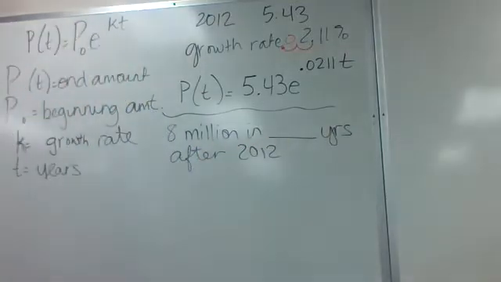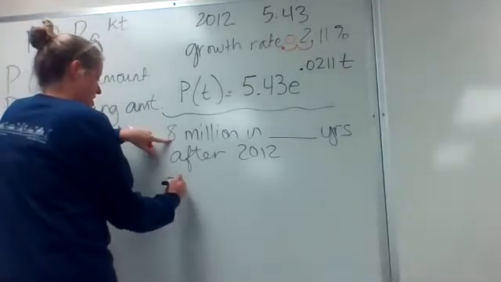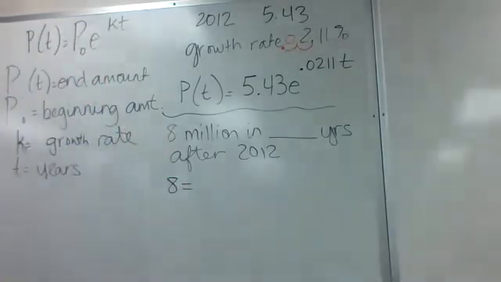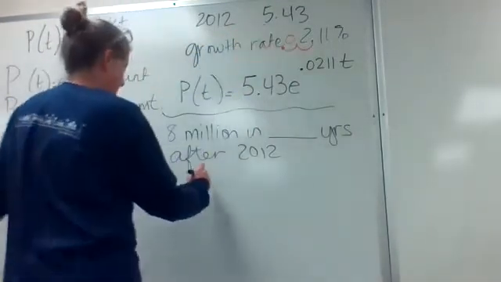So let's see what I know with the formula. 8 million is what the ending population is going to be. So I do know that. What I don't know is T, right? So I do know the end amount. What is the end amount? 8 million. The beginning amount stays the same, right? It's always 5.43 million at the beginning.